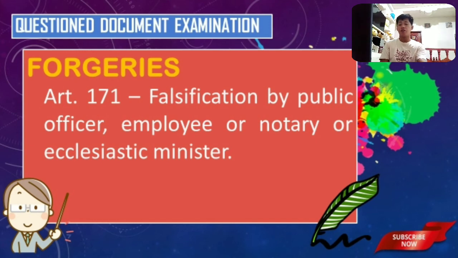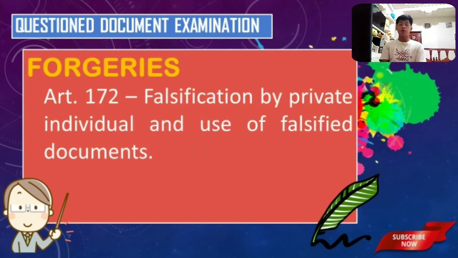of Article 171. Article 172, ganun din, pero ito is it punishes yung mga private individuals. For example, yung unang example natin kanina about me selling 1 hectare of land to you for an amount of 50,000 pesos.